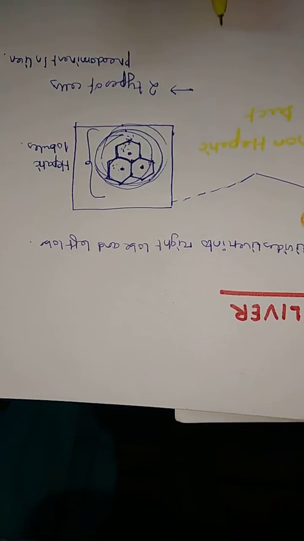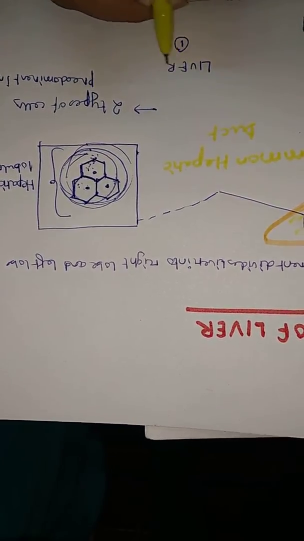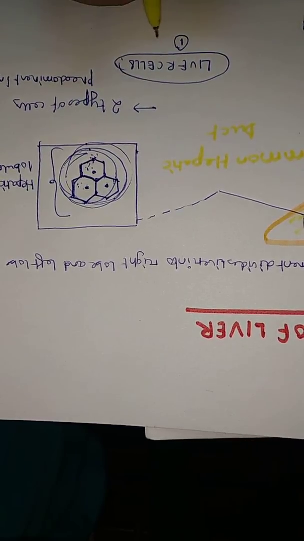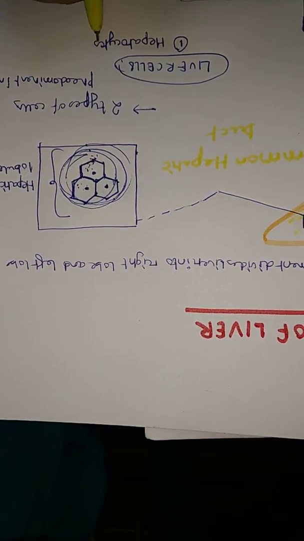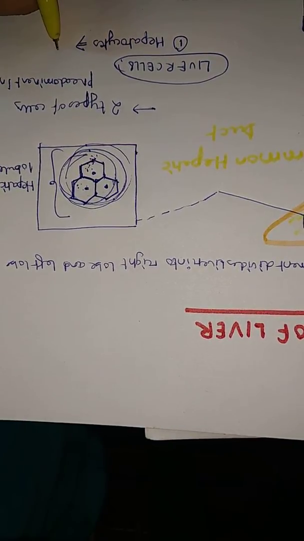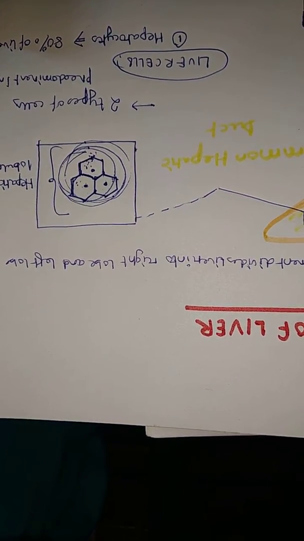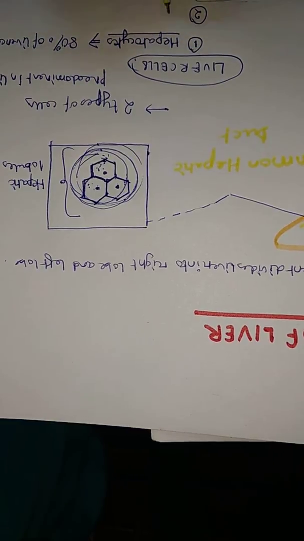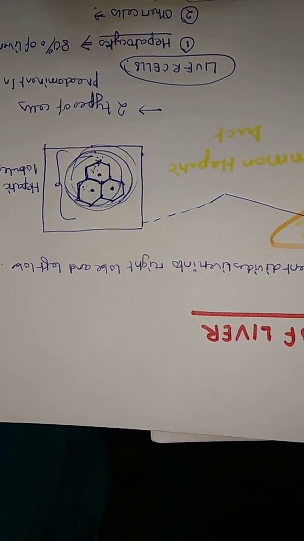First of all, the parenchymal cells, that is the hepatocytes, comprise about 80% of liver cells. Just remember this. And the remaining 20% are the other cells.